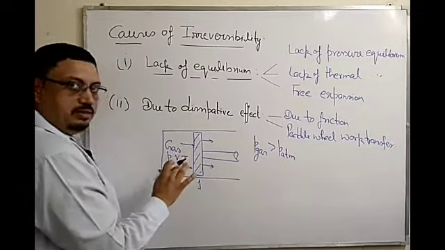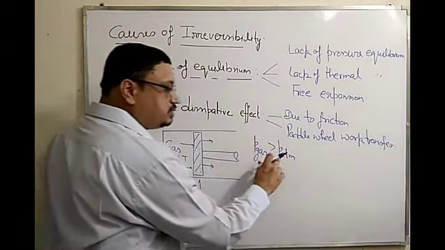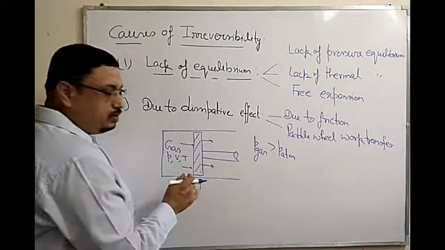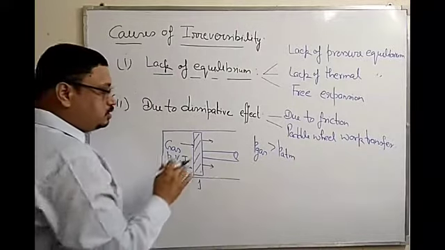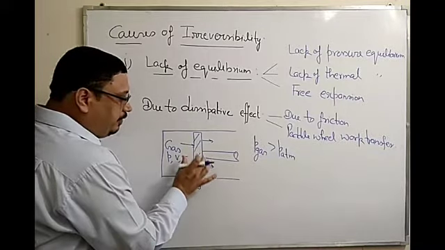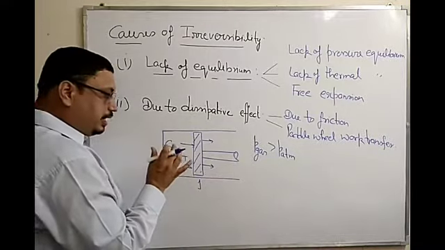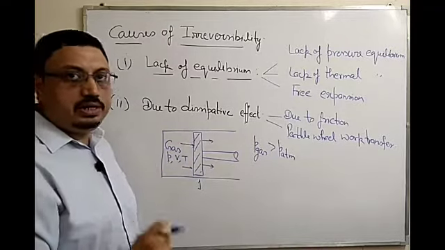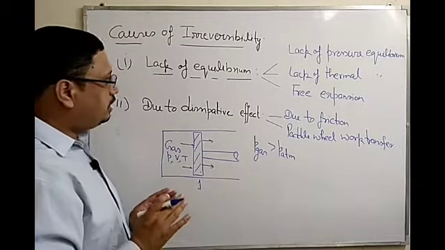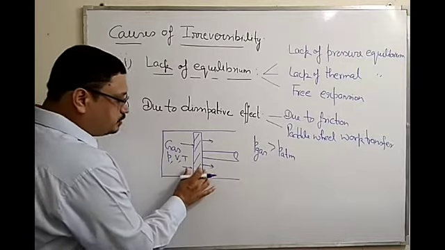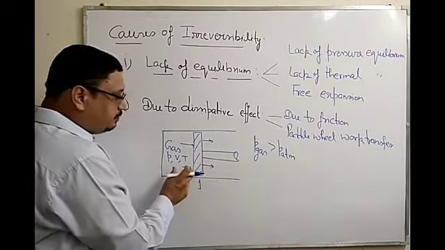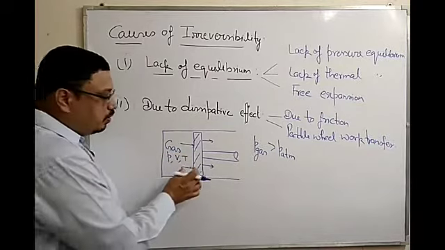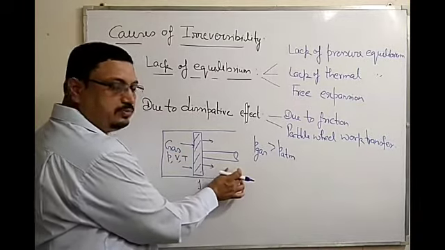We can understand that if this difference is higher, then the speed of the piston will be higher, right? If this process has to be reversible, then this pressure difference should be very, very less. This piston is moving because of the pressure difference. The more the pressure difference, the more the speed of the piston.